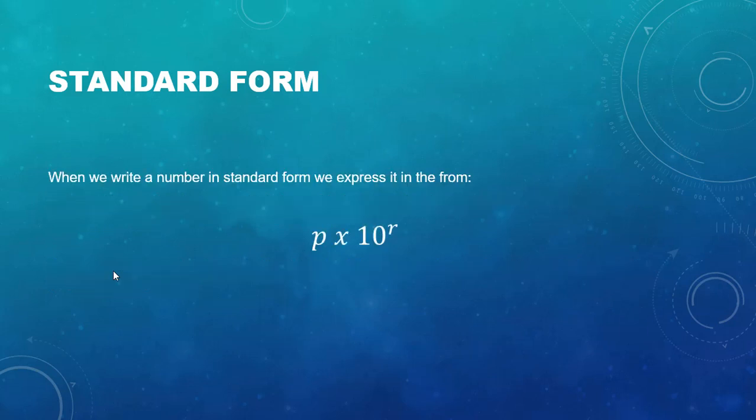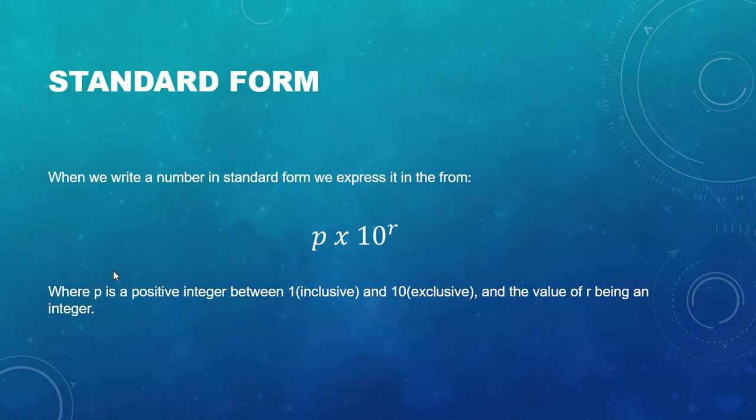Now, whenever we're writing a number in standard form, we express it in this format: p times 10 to some index r, where p is a positive number between 1 inclusive and 10 exclusive.